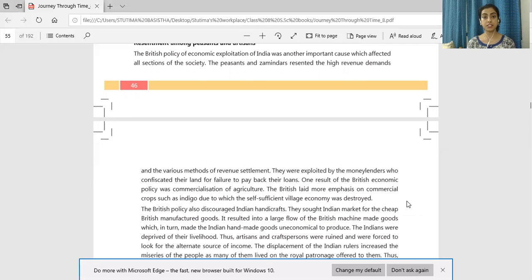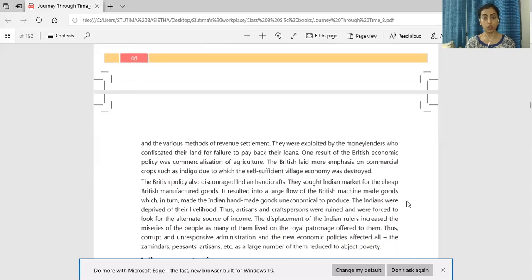So when commercialization of agriculture was introduced, the village economy got destroyed. All those farmers who used to be dependent on various other crops could not now cultivate their own crops. Now they had to only grow those crops which the British wanted, that is, indigo. All right. So in that way, the village economy also got destroyed.